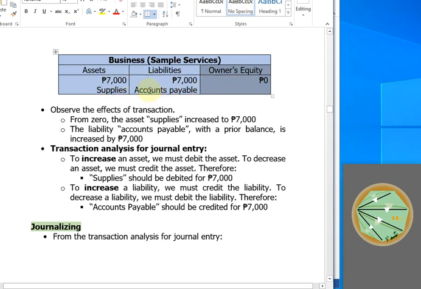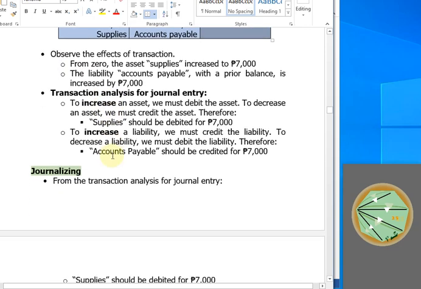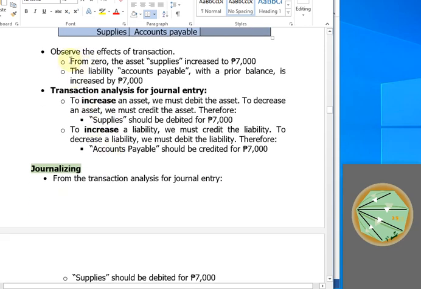As I have said, the equality of debits and credits and the equation assets equals liabilities plus owner's equity is always maintained. From 0, the supplies increased to 7,000, and accounts payable increased by 7,000.